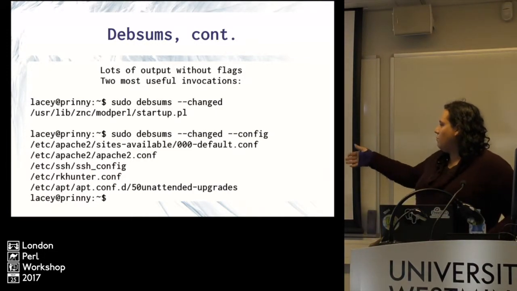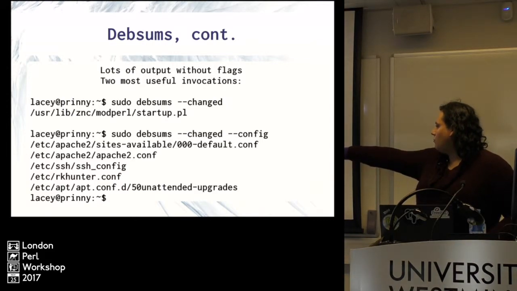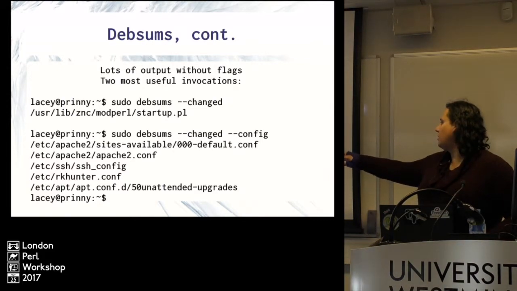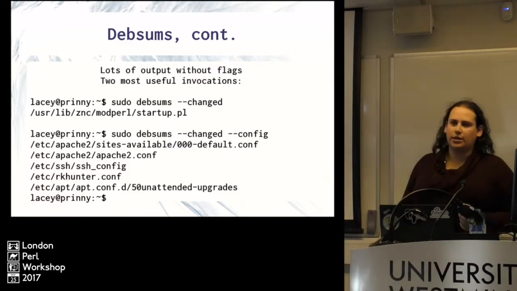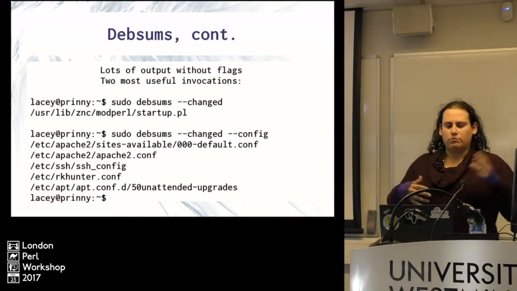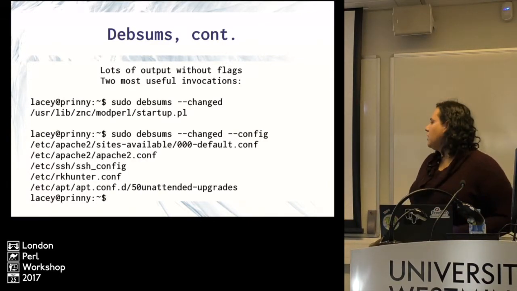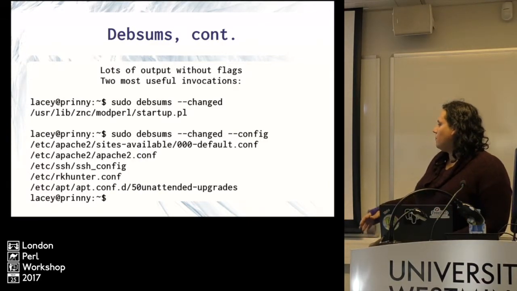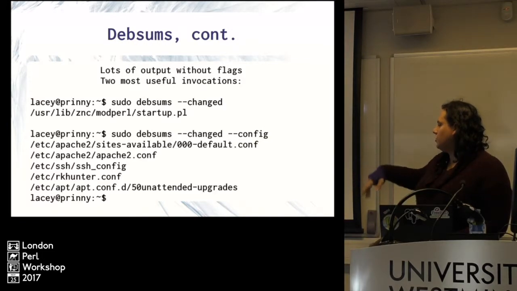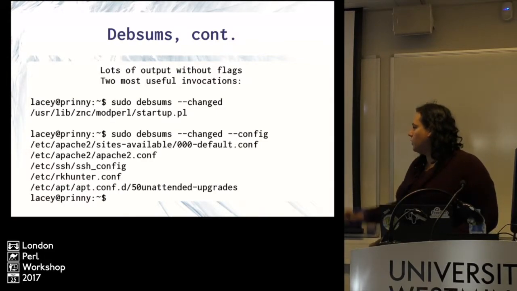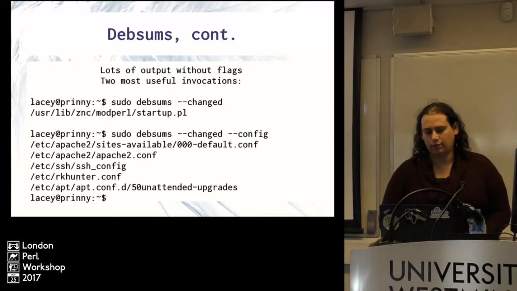So on my personal server here, I've modified the Apache 2 configuration, I've modified the default configuration that comes in, did some modifications to my SSH config, a bit of hardening and some other stuff. I like to run rootkit hunter, and I've changed a bunch of things there. And I run unattended upgrades on this server, which I will get to in a bit.